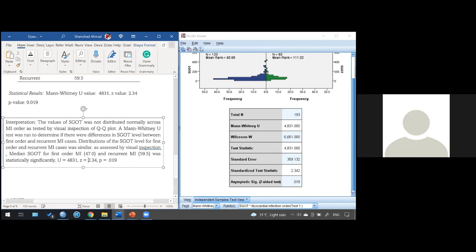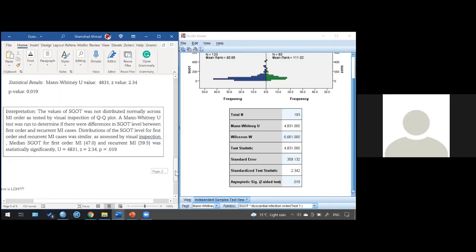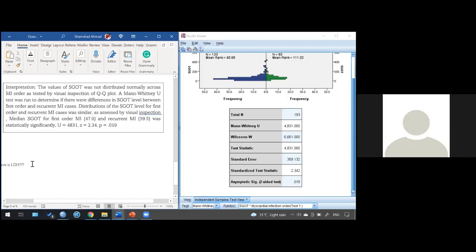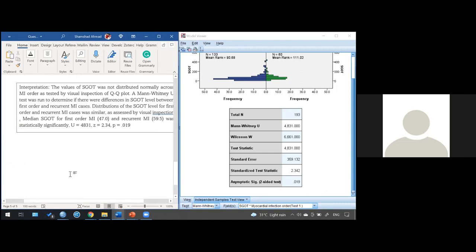Distribution of the SGOT level for first order and recurrent MI cases was similar as assessed by visual inspection. Median SGOT for first order MI 47 and for recurrent MI 59.5 was statistically significant, with Mann-Whitney U value of 4,831, Z score of 2.34 and P value of 0.019.